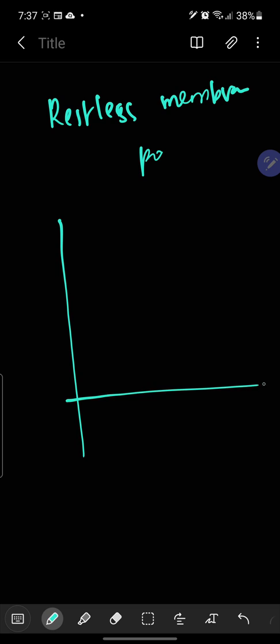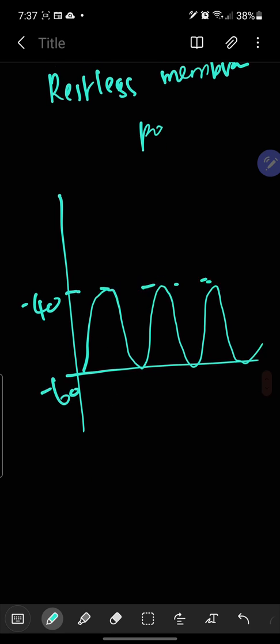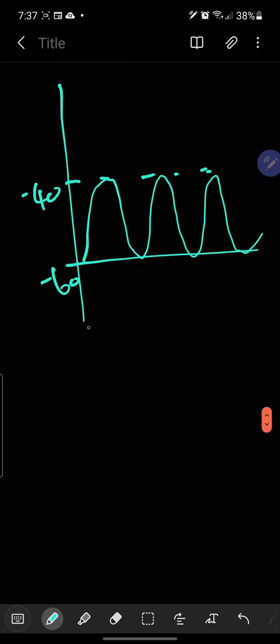Now what is the restless membrane potential? Look, it oscillates between -60 and -40 like this. This restless membrane potential is not an action potential.